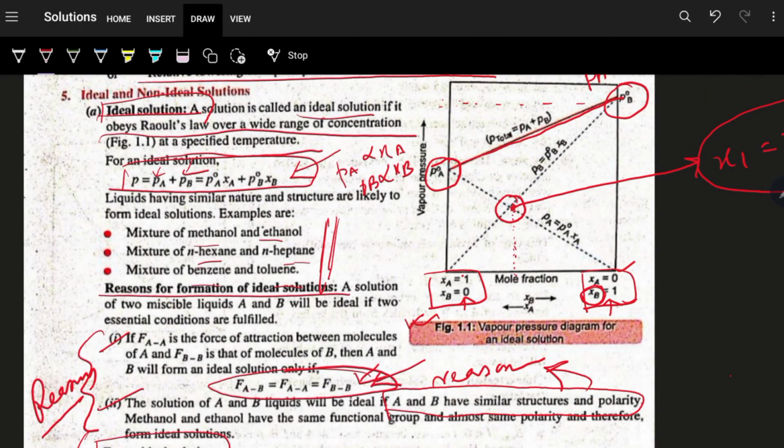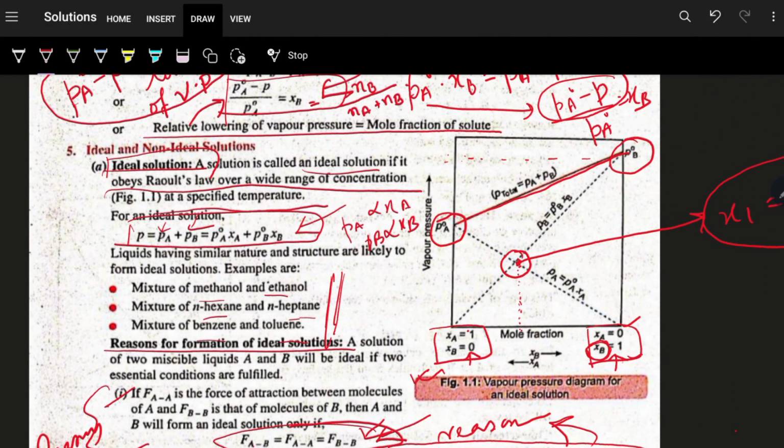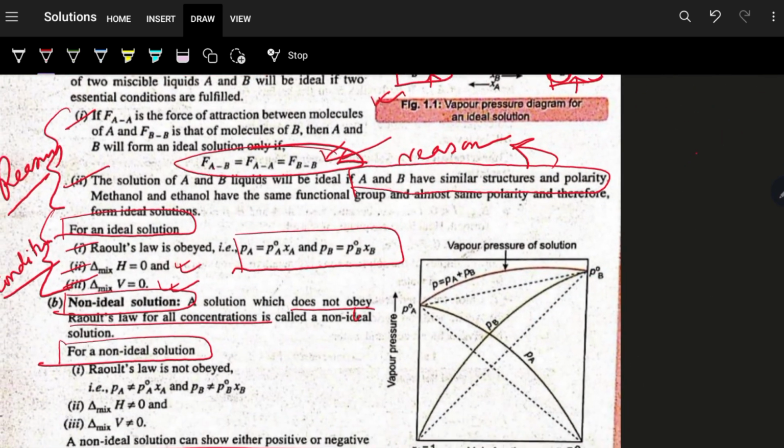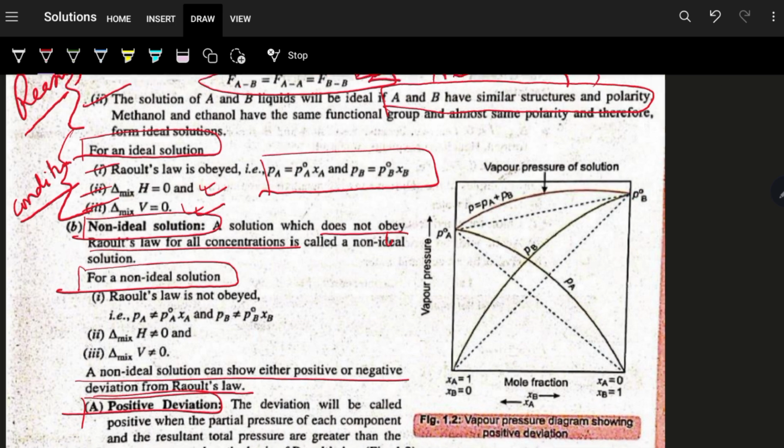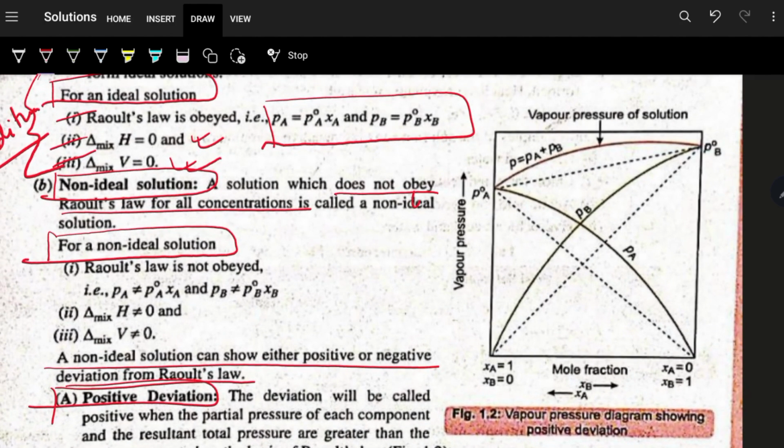Here, we have seen over a wide range of concentration at a specified temperature, this is the plot for an ideal solution. Now, non-ideal means it will not obey Raoult's law for all concentrations.